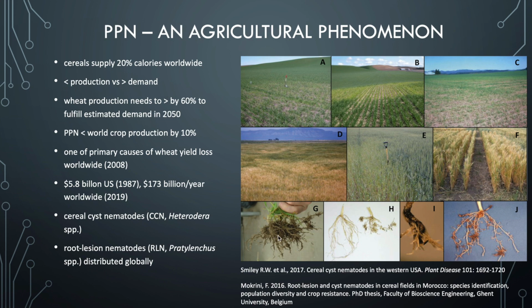So we can see here that cereal cyst nematodes cause this strange appearance of roots in cereals. So this knotty appearance, so the roots are stunted, they do not develop as well, and here we have a root that's filled with female nematodes which are in their cyst form.